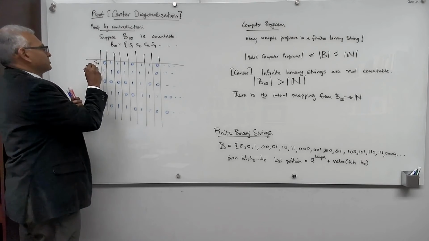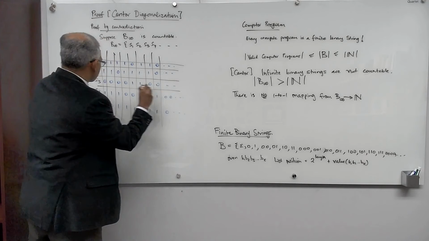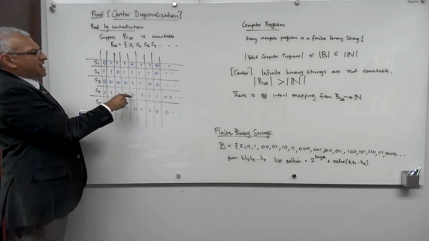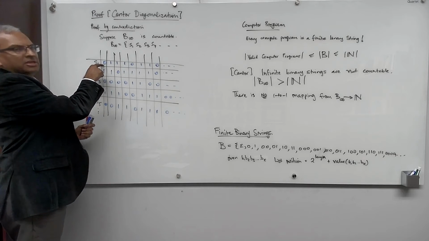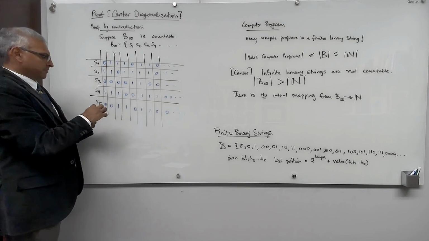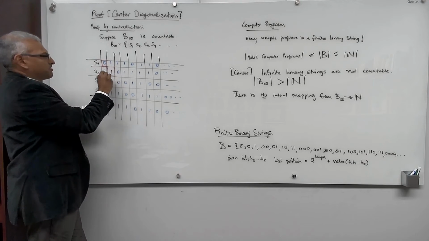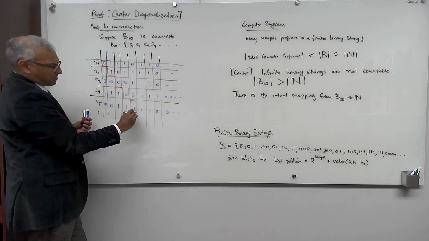So here's what Cantor did, and this is why it's called Cantor diagonalization. These are the strings. And what he said was, let's consider the diagonal of this table. So the bit in position 1,1, all the diagonal bits, and so on.